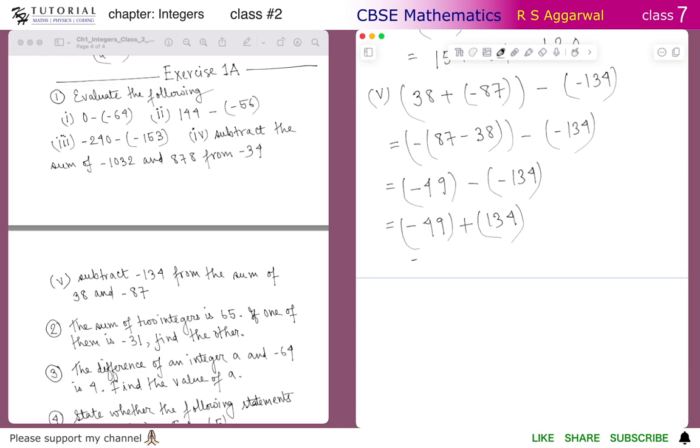So again now we have to add a positive integer and a negative integer, and as per the rules of adding two integers of opposite sign, it will be 134 minus 49, and this is 85.